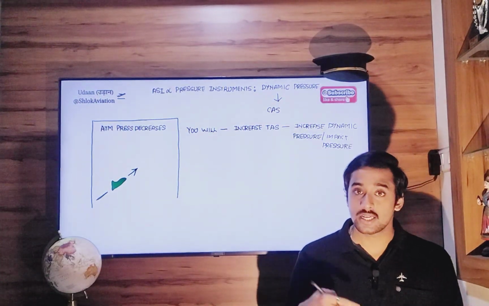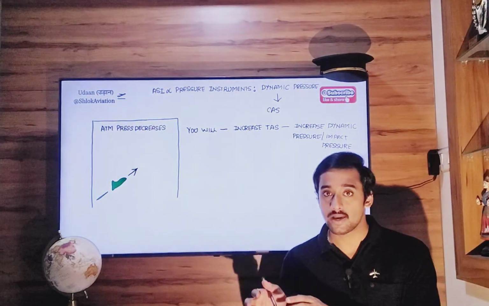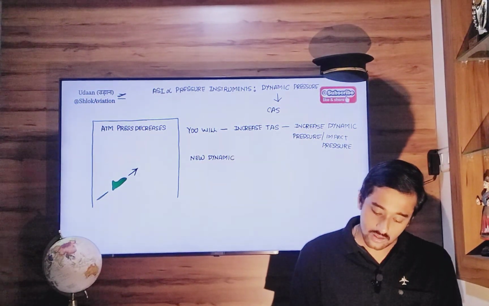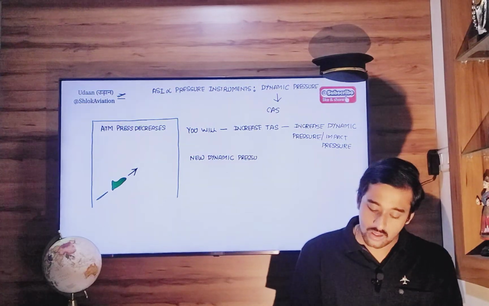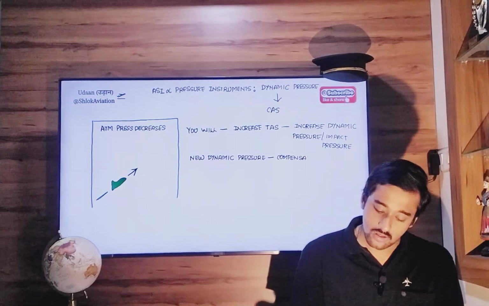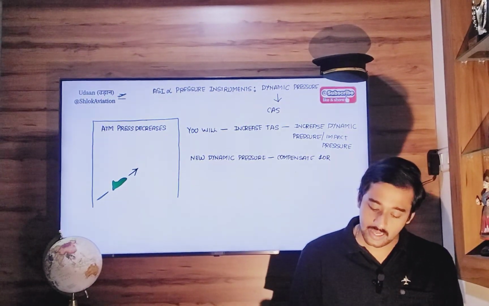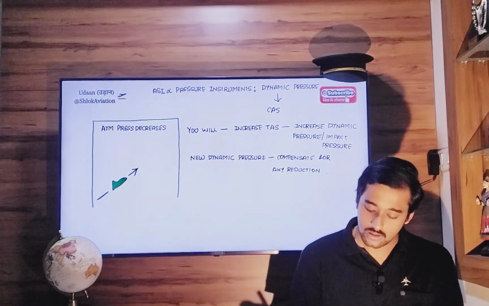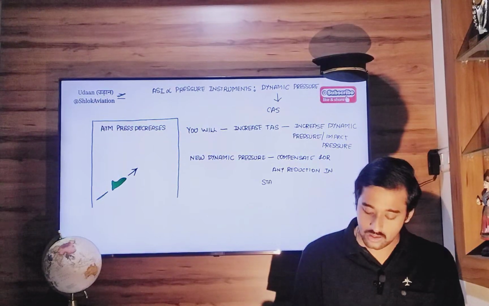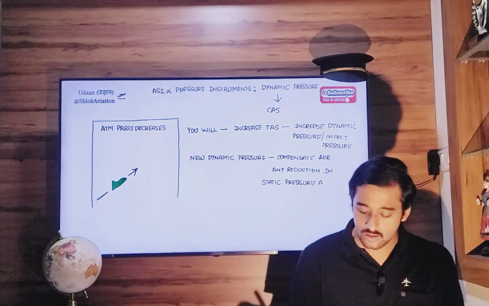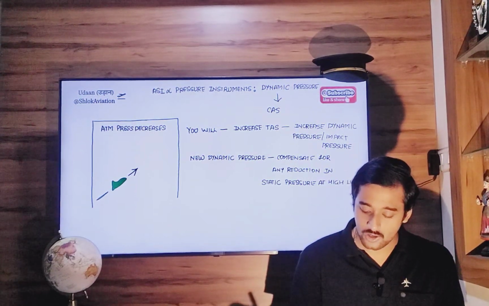This additional increase in speed creates an additional dynamic pressure, and this new dynamic pressure will compensate for any reduction in static pressure at high levels or high altitudes.